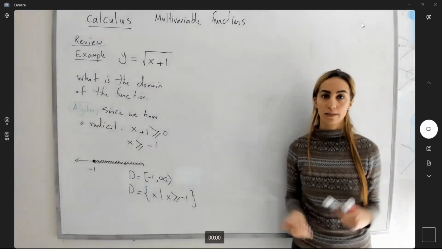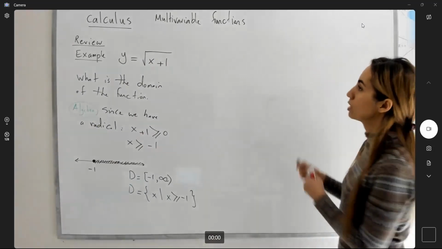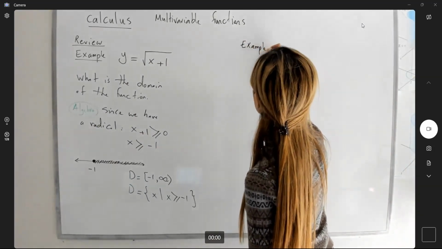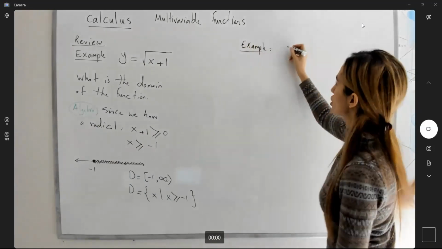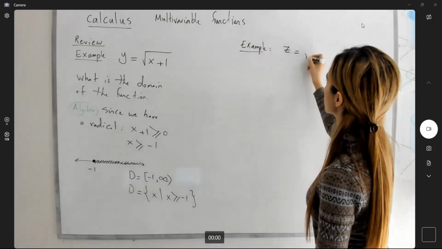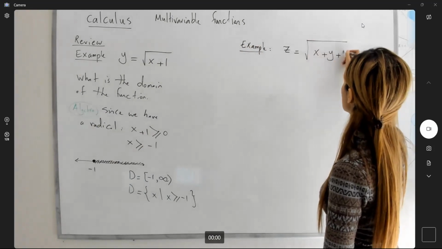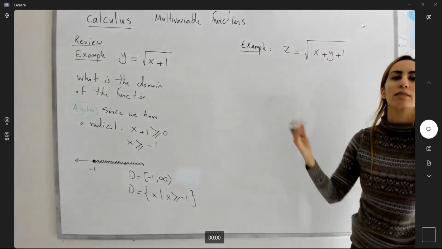Now we're generalizing the idea, introducing some new content. Suppose I ask you, for the function z equals the square root of x plus y plus 1, what is the domain?